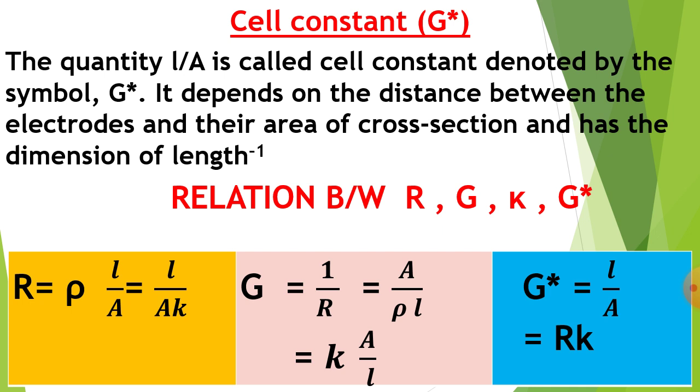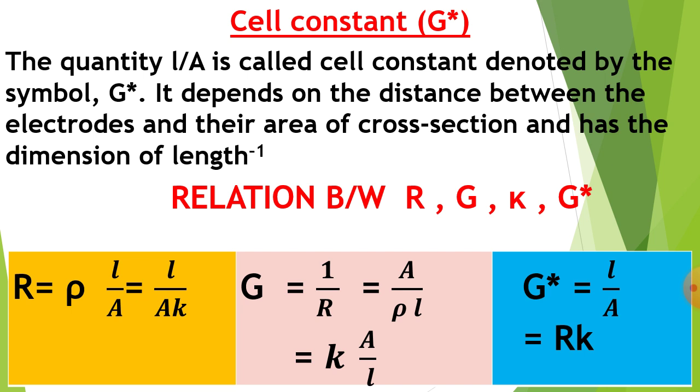Now G equals 1 by R. In terms of R, we can write G equals A by rho L, that is equal to K A by L. Now G star equals L by A. By putting the value in terms of L by A, we get this equal to R into K. So G star is also equal to R into K, that is resistance times conductivity.